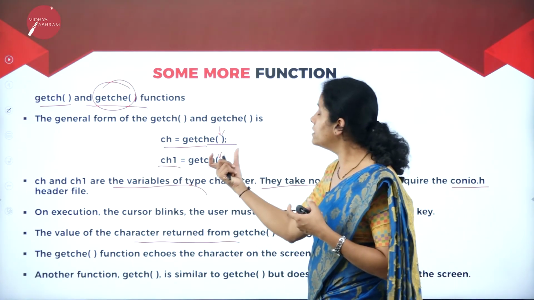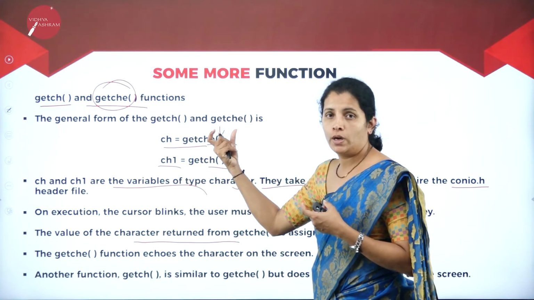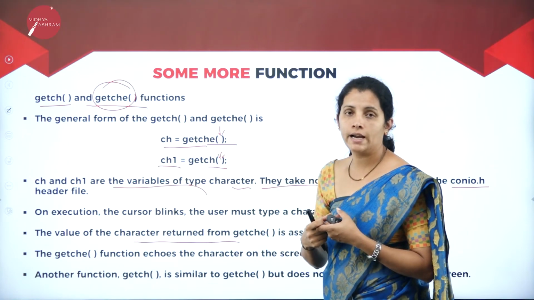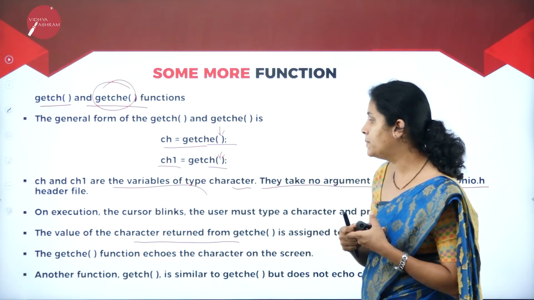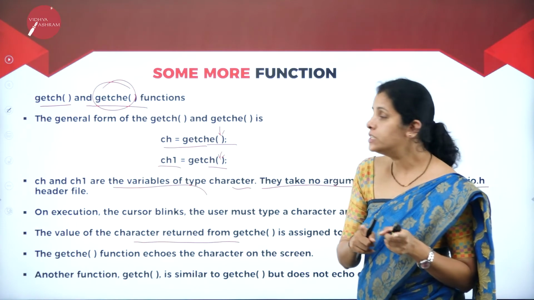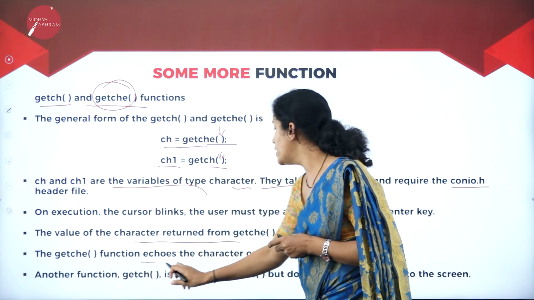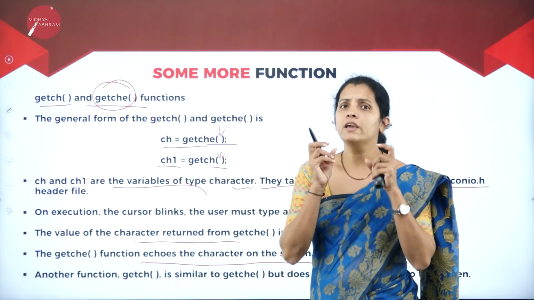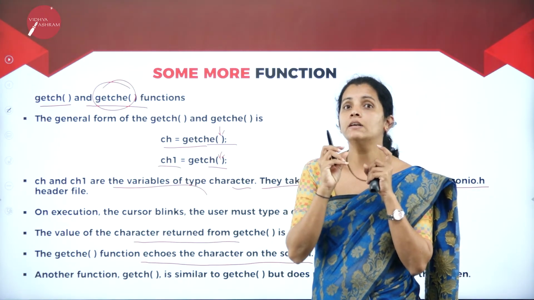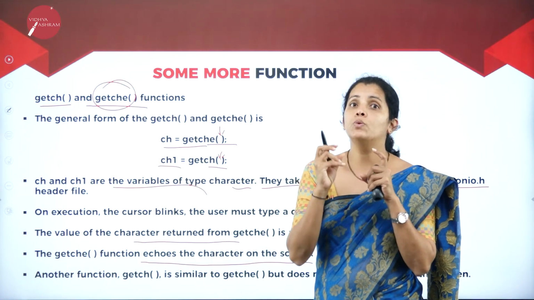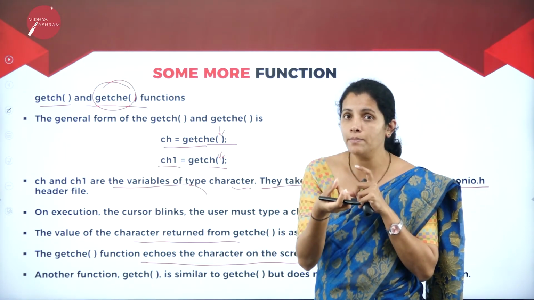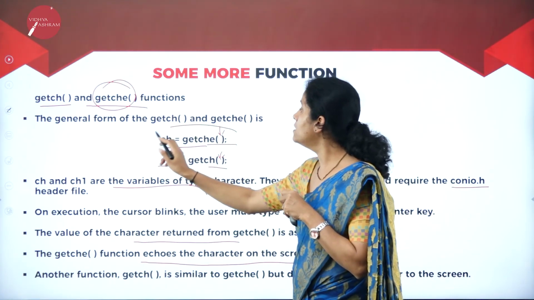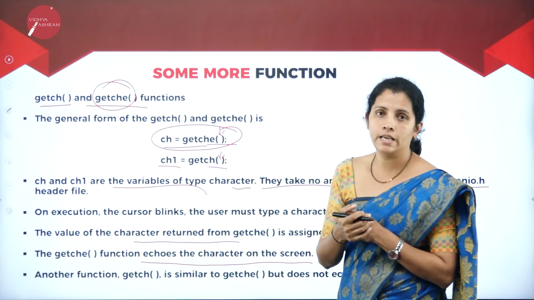That means whatever value it reads from the keyboard is stored inside the ch variable, and the function getche echoes the character on the screen. That means if you want to display the character which you read from the keyboard on the monitor, that can be done by using getche.